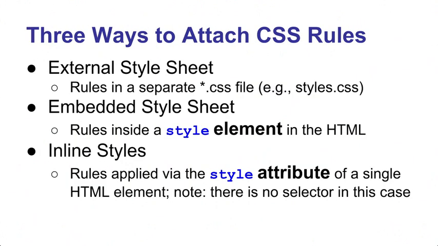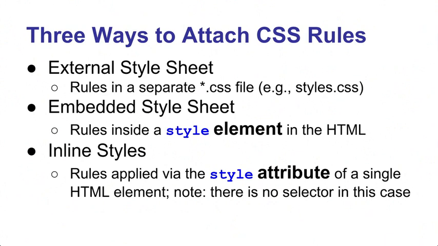Once the rules have been defined, there are three different ways to attach them to the HTML. The external style sheet method uses a separate CSS file that's linked in the head of the HTML file. The second way, the embedded style sheet method, uses a style element in the HTML itself.